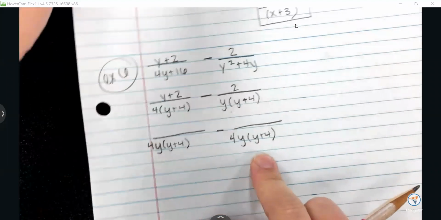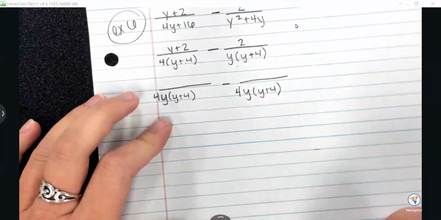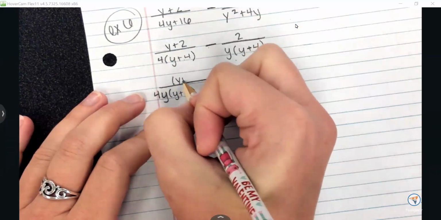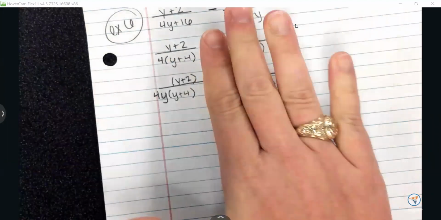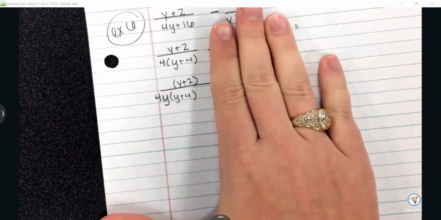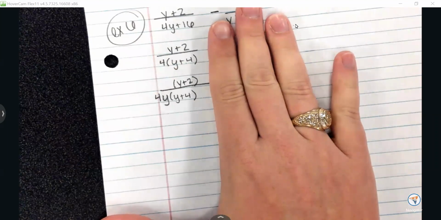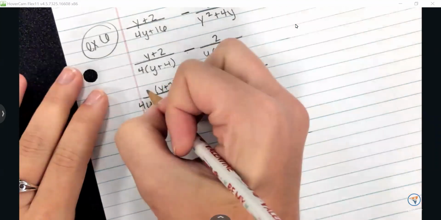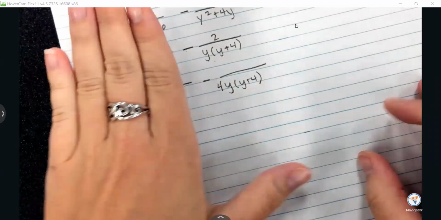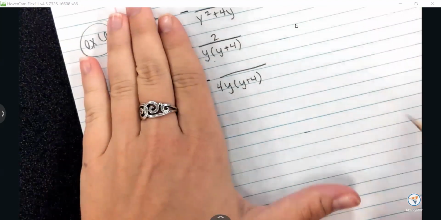Yes. So now we have to doctor our numerator. So the top already had a y plus 2. And if I look just at the left, what is new in the denominator? Then where else does it have to go? On the top. So I'm going to put the y on top as well. Let's go look to the right one. Yes, ma'am.